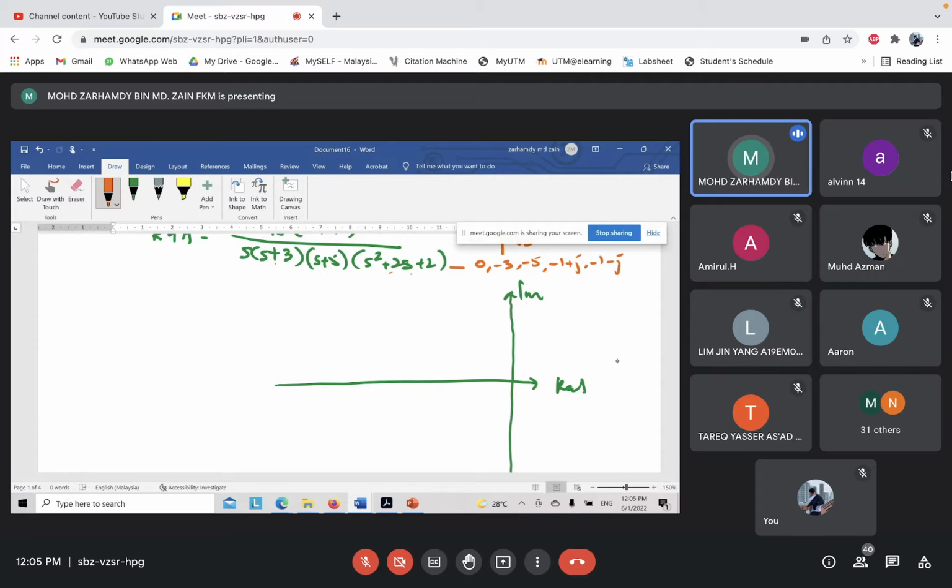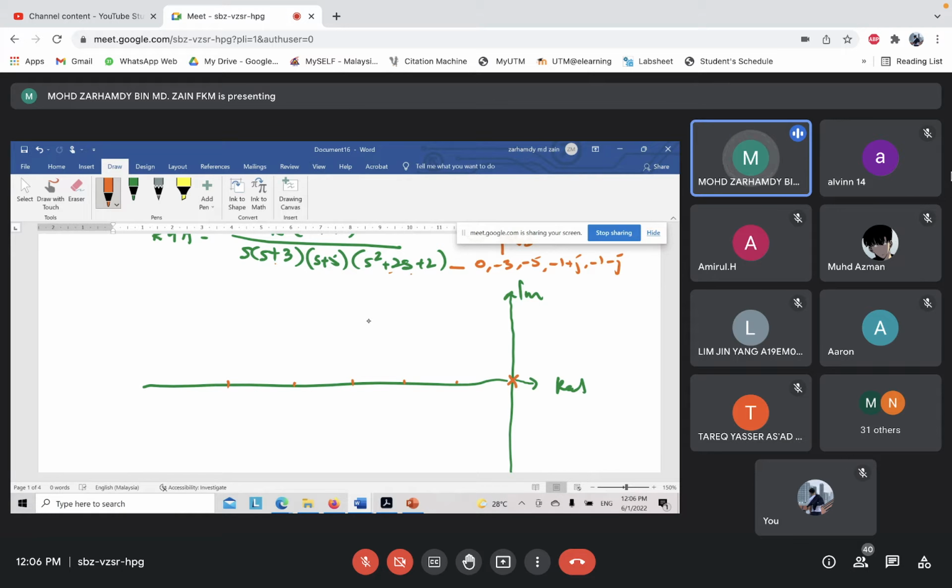So what we can do is locate all the values into the S plane. We have -1 here, -2, 1, 2, 3, 4, 5.